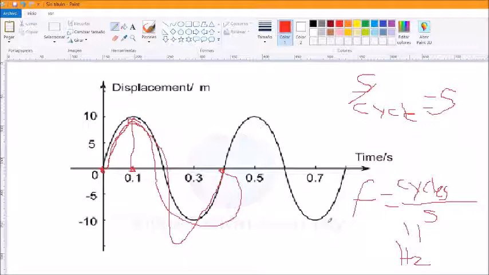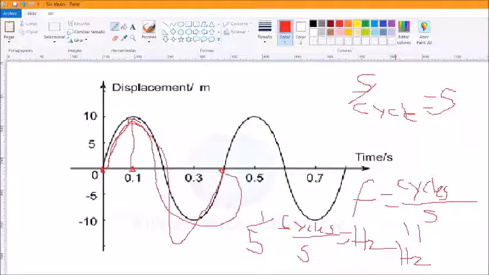For example, if I say the period is 5 seconds, the frequency is going to be 1/5 of cycles per second, or hertz.